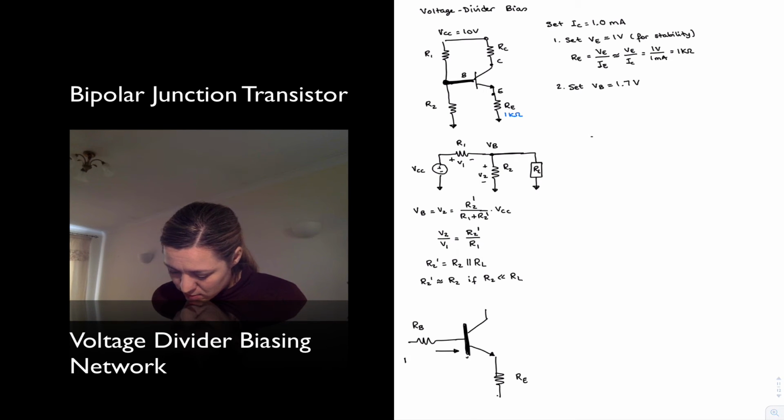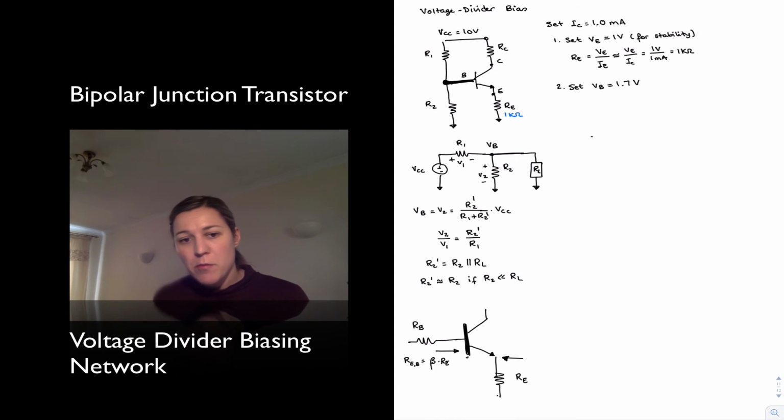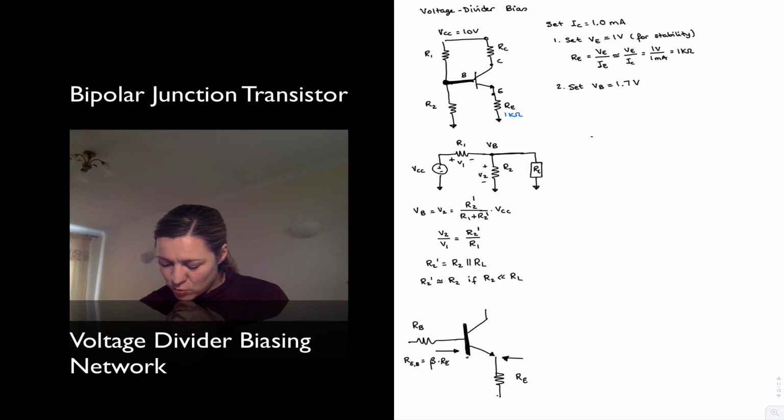So when I'm looking from here, I say RE looking from the base is equal to beta times RE. Likewise, when I'm looking from my emitter terminal at the resistance that's connected to the base, I still have to look through the same lens, but in this case I'm going to get the opposite effect.